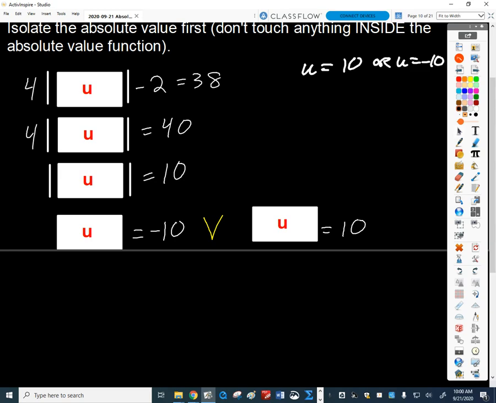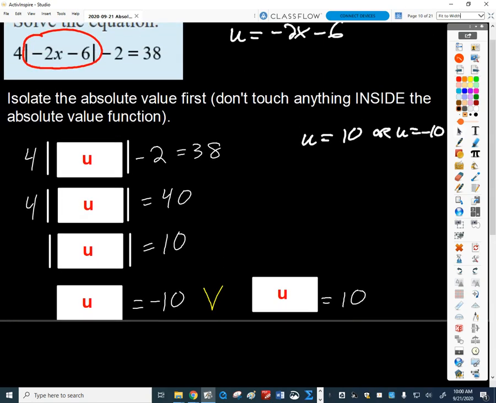Well, then what could u be? If the absolute value of u is 10, u could either be negative 10 or positive 10, right? But it's not really a u. It was something involving x's. We made this substitution.